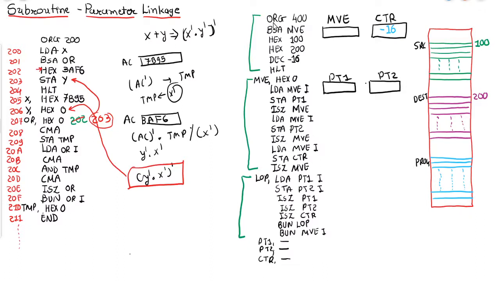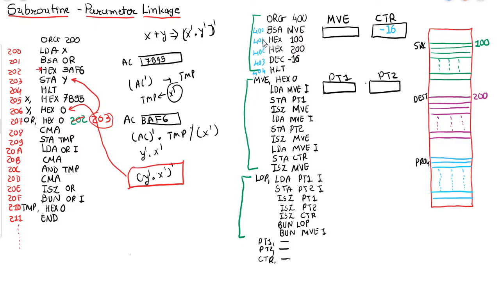What is the first instruction? ORG 400, so the origin of the program will be specified at memory location 400. Then BSA MVE, branch and save return address. What will the return address be?